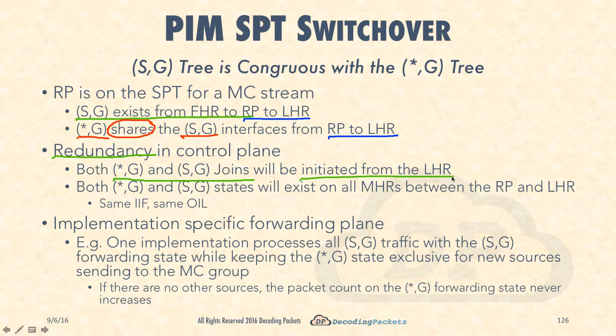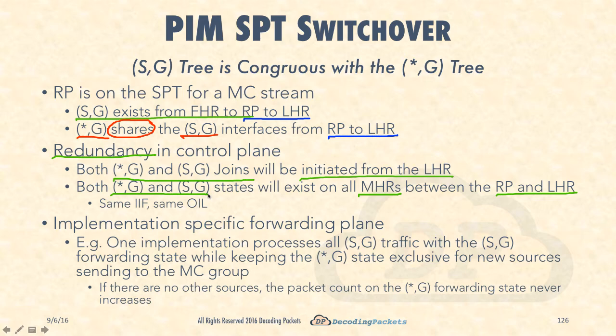So star,G towards the RP, the S,G towards the FHR, and on all of the MHRs, the middle hop routers that exist between the RP and the LHR. In our case, if you look at the previous topology, that was R4. They would have both the star,G and the S,G states.